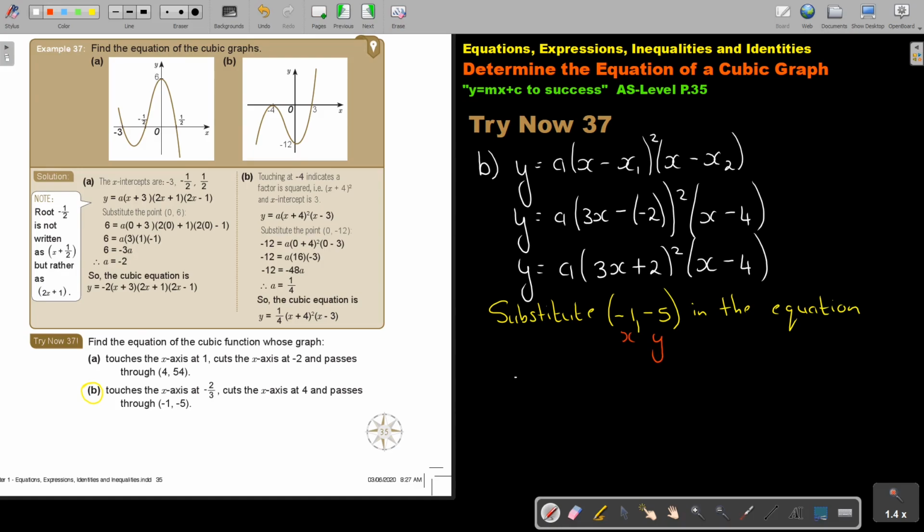So it's going to be -5 equals a, and 3 times -1 plus 2, squared, times -1 minus 4. So it's -5 equals a, and this is -5.